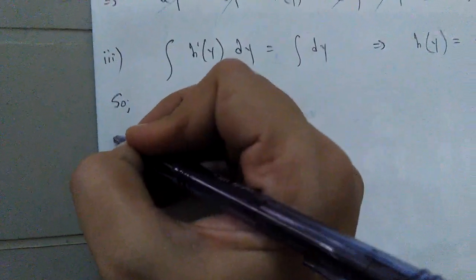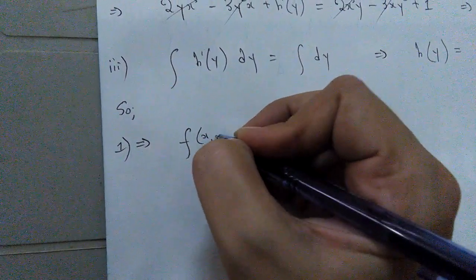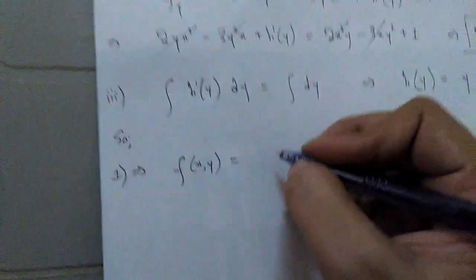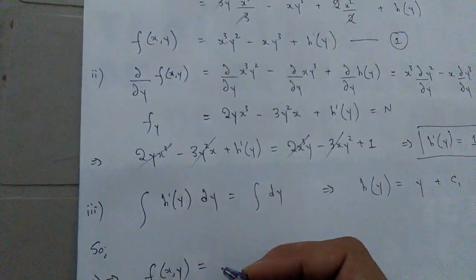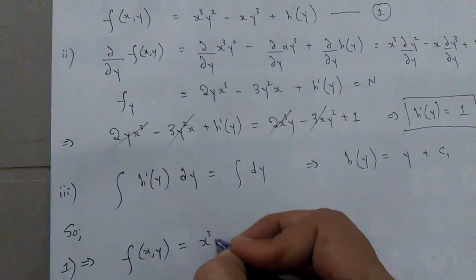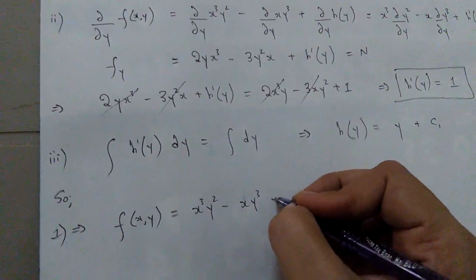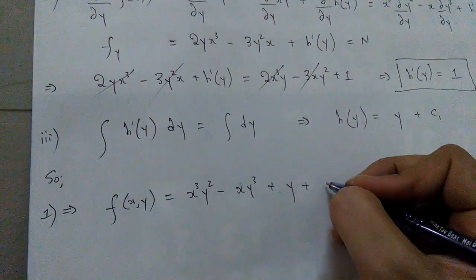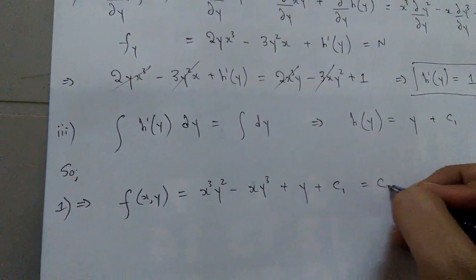So equation 1, the function that we are seeking, which is the solution, is x cubed y squared minus xy cubed plus y plus some constant, and this is equal to some constant c2.